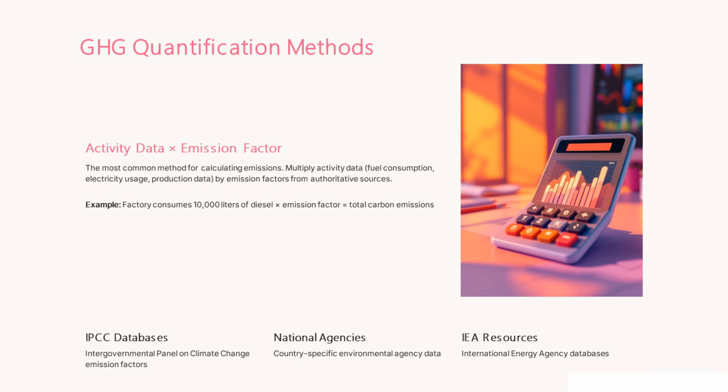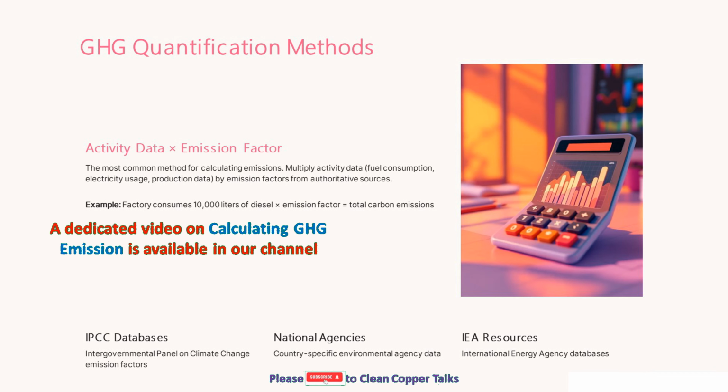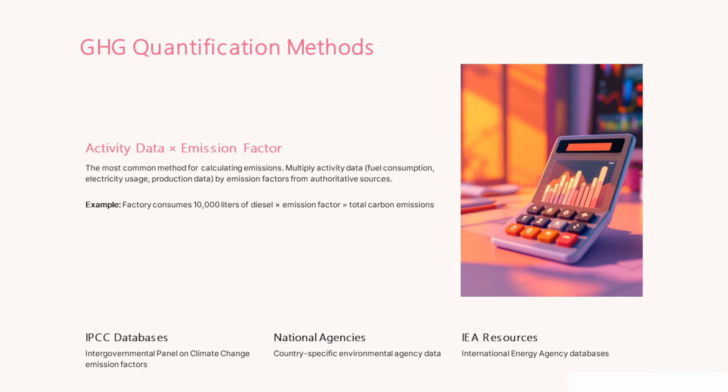The general formula is emission equals activity data multiplied by the emission factor. Activity data may include fuel consumption, electricity usage, industrial production data. Emission factors are usually obtained from databases published by organizations such as IPCC, National Environmental Agencies, and the International Energy Agency.